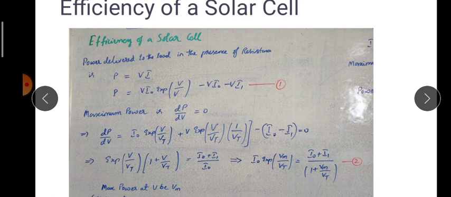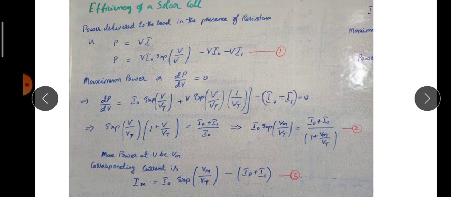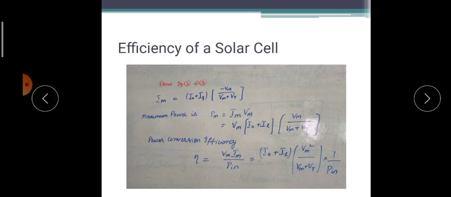Sending I naught minus IL to the other side of the equation, thus the corresponding current obtained at maximum power can be written as Im is equal to I naught into exponential of Vm by Vt minus I naught plus IL.